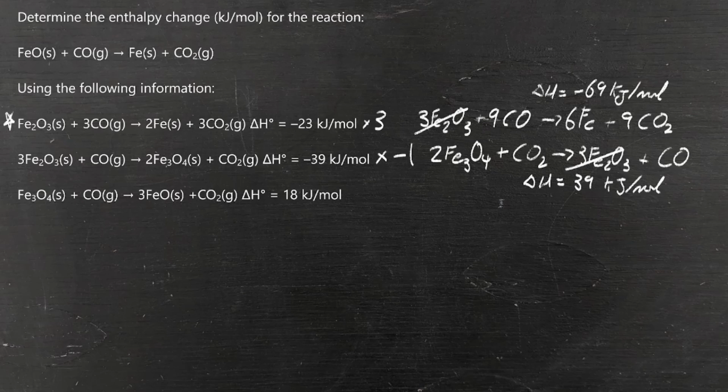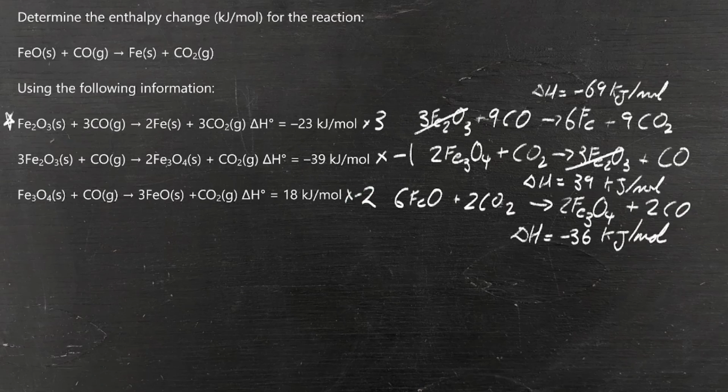So once again, we're going to need to get rid of this. Luckily for us, that is what the third equation deals with. It has Fe3O4 as a reactant, so we're going to need to flip it around. It also only deals with 1 mole of Fe3O4, and we're looking to get rid of 2 moles. So we're going to multiply this by negative 2.